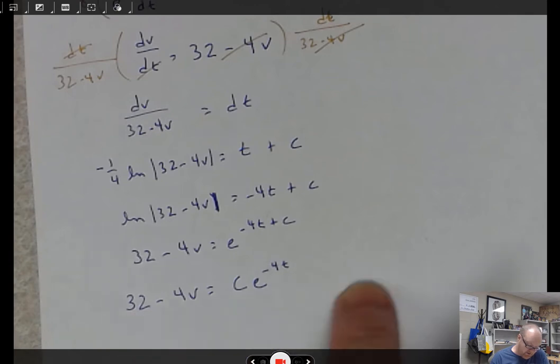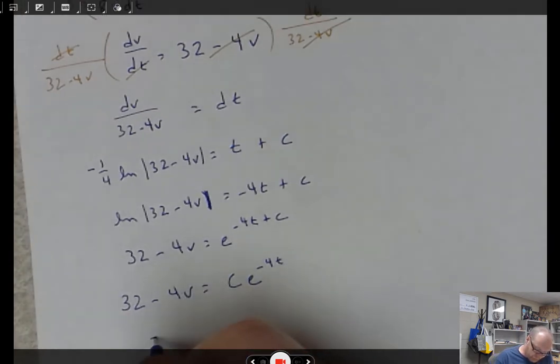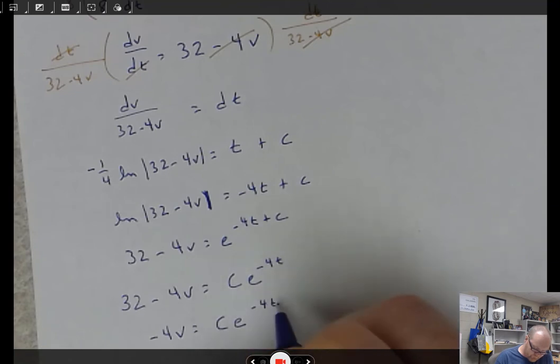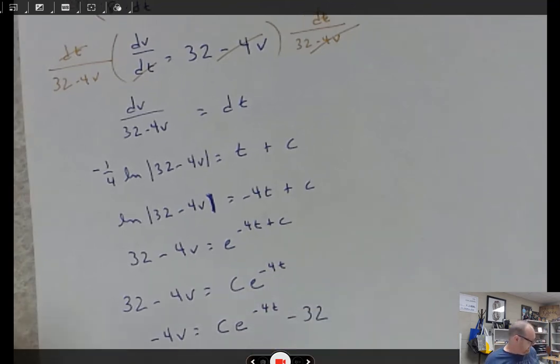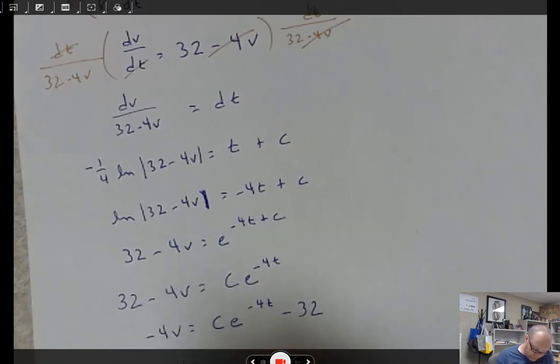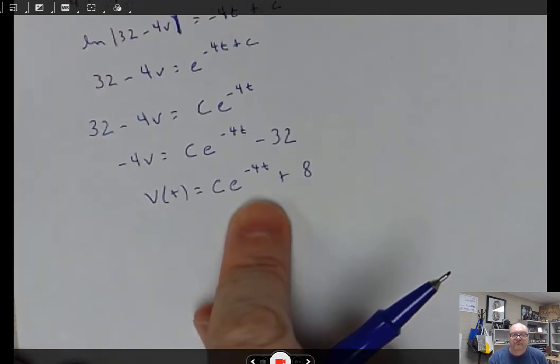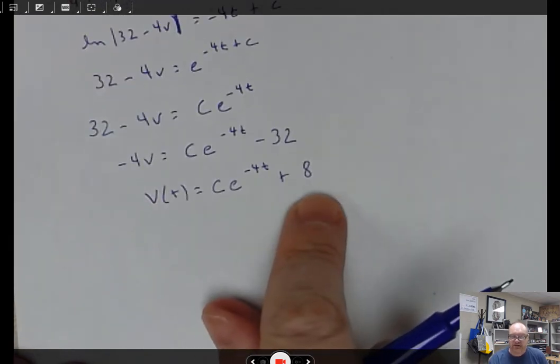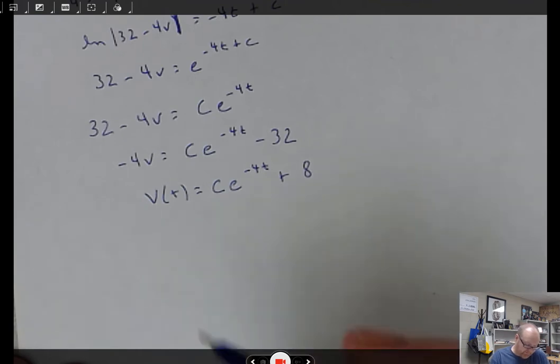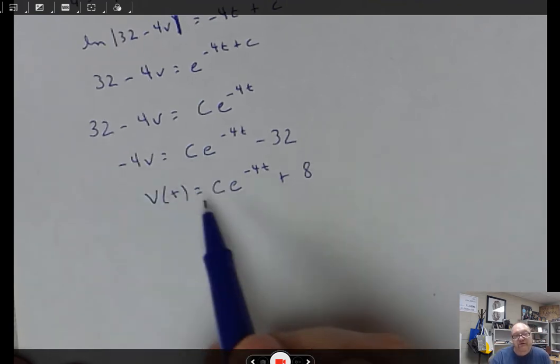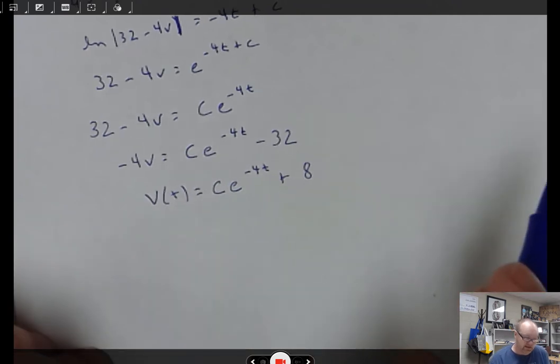So let's see, maybe I'll subtract 32. And finally divide through by negative 4. And a constant divided by negative 4 is still a constant, so don't be thrown off by that.